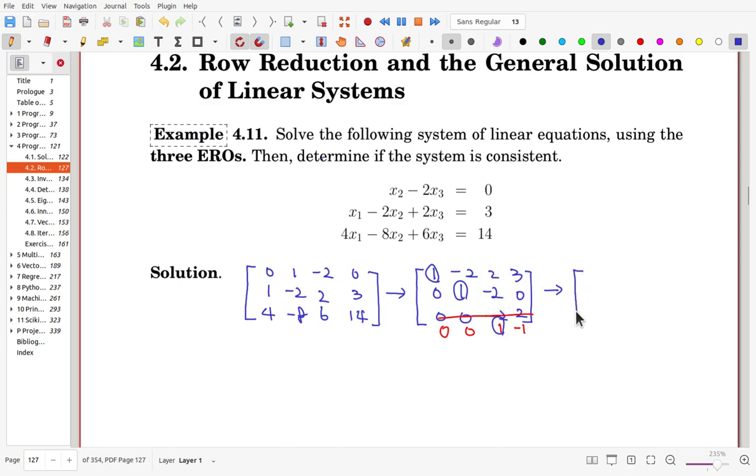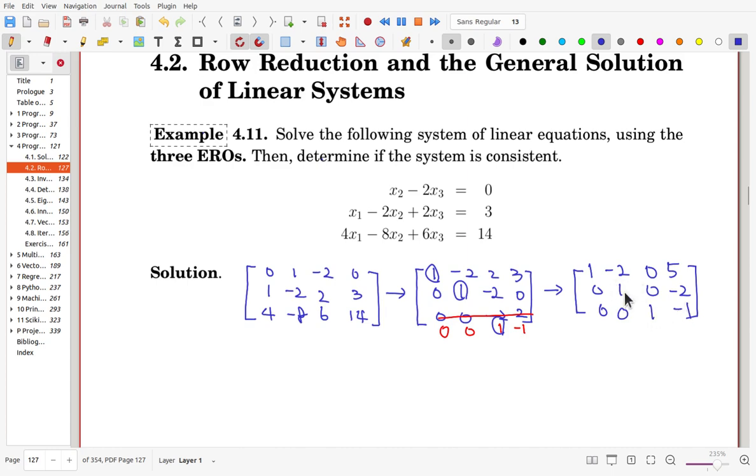Twice subtraction: 1, minus 2, and 0; that becomes 5. And then twice addition: 0, 1, 0, and minus 2. And here the last row is 0, 0, 1, minus 1.